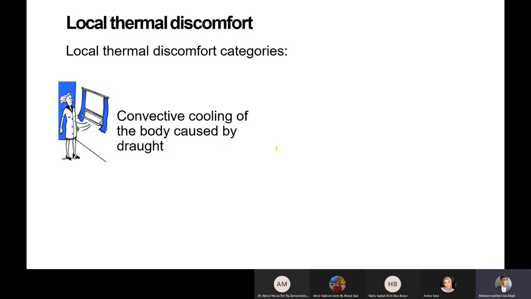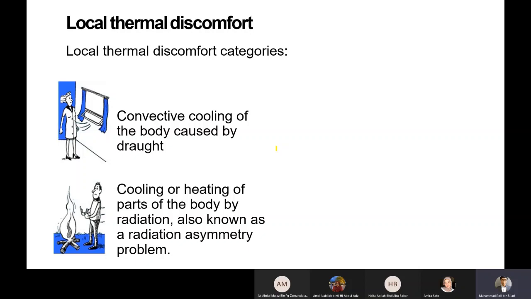You are opening, for example, a car window, and you might feel not comfortable. Or you open the oven when you bake a cake, and you feel the heat coming. You don't feel comfortable, probably only on your face. So this is categorized as local thermal discomfort.